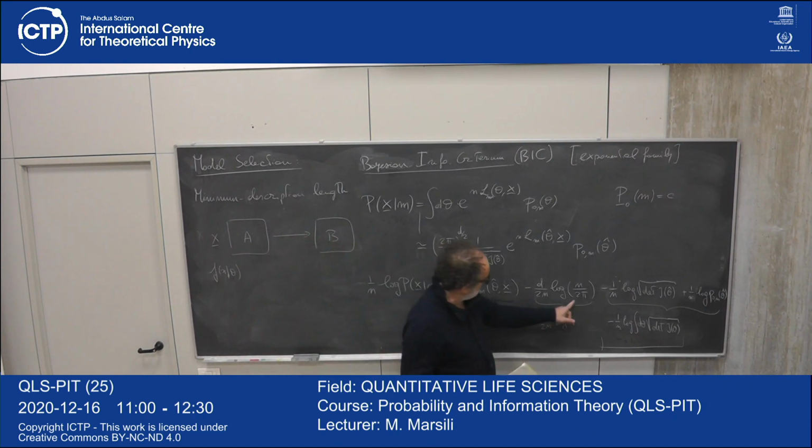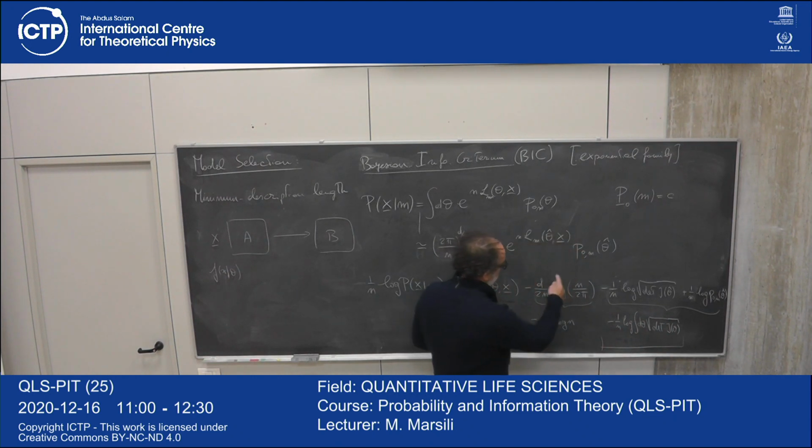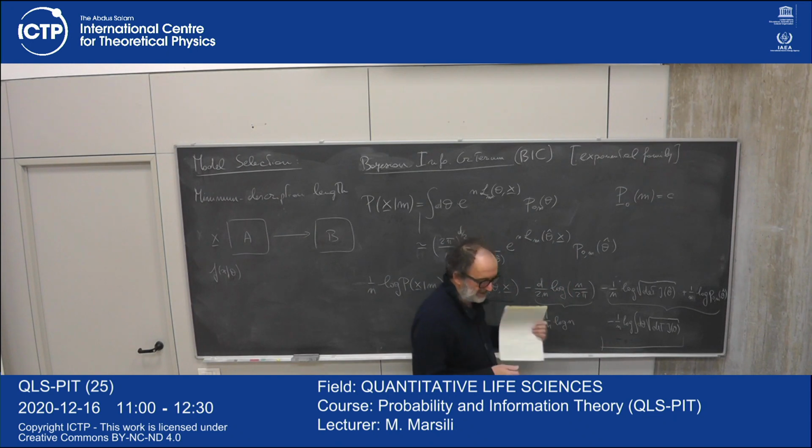So this becomes an overhead of a number of bits that are needed, and this has the usual behavior of being 1/2 log n for each parameter, because you are reducing the entropy of the parameter by a factor of 1 over square root n. And then there is this term, which, if you want, describes how many bits you need to describe independently each of the parameters.